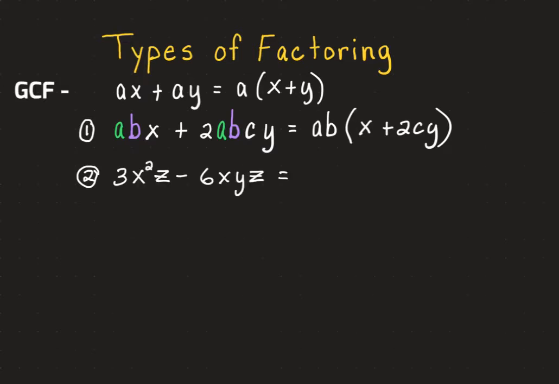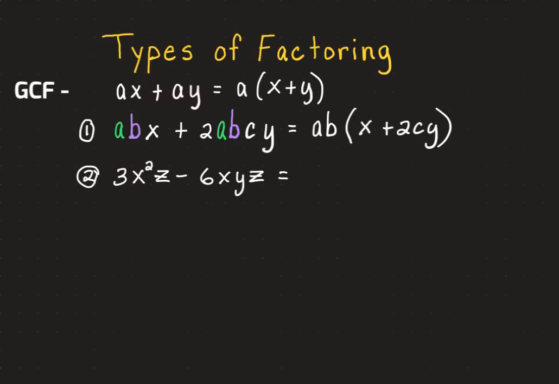Here's my second. Examining this polynomial, there's a 3 in the coefficient of the first term and a 6 here, which has 3 as a factor. We have an x squared and an x to the first power. We have a z and a z. We have one term that has everything multiplied inside it, a second term that has everything multiplied inside it. They are separated by a subtraction sign.